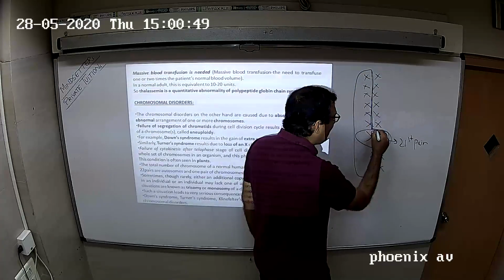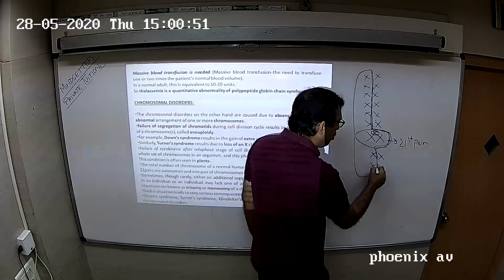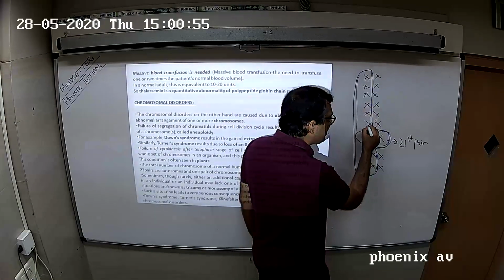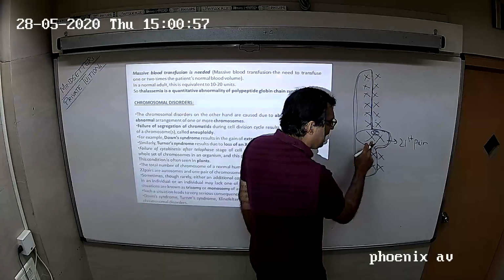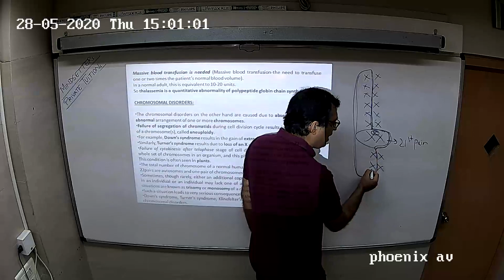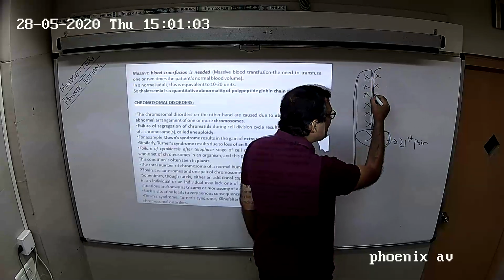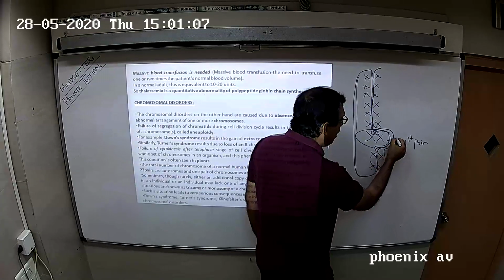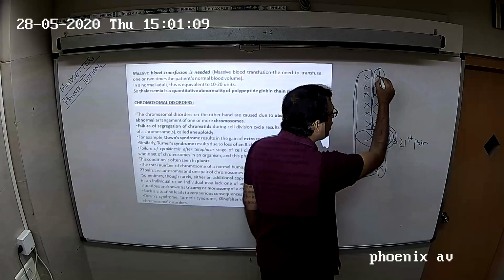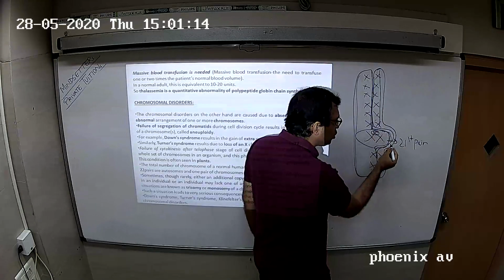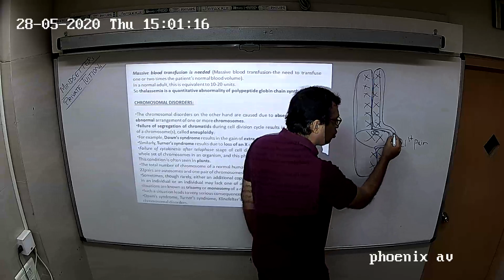So in this, how many autosomes are there? We have first, second, third, fourth, fifth, sixth, till 20, and the 21st you have a pair, and then 22nd, 23rd, and in this other gamete we have 20 autosomes out of 22, no 21st autosome.